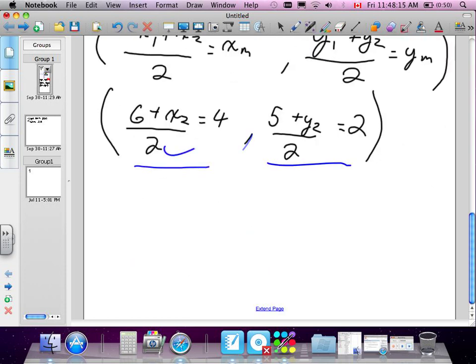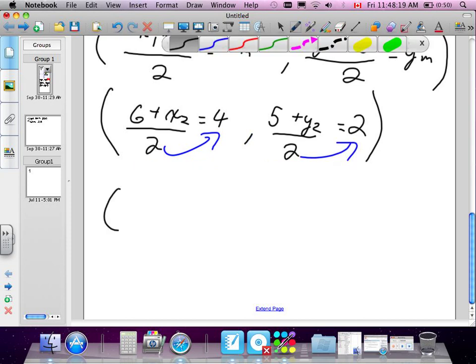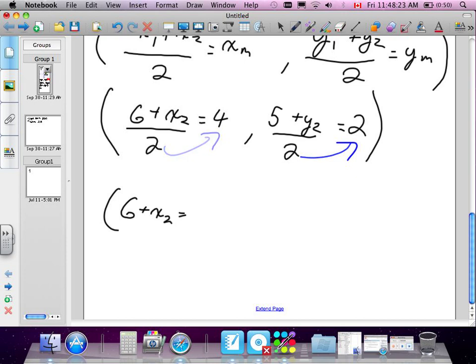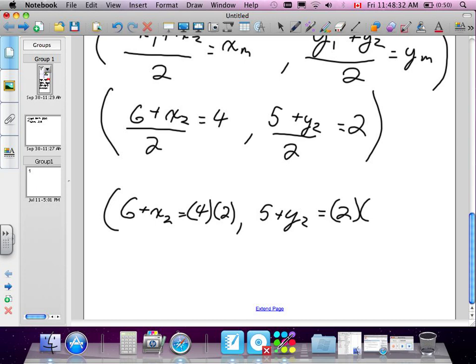So first off, I need to move the 2 to the other side in both equations because we're trying to isolate the variable. We'll end up with 6 plus x2 is equal to 4 times 2, and 5 plus y2 is equal to 2 times 2. After that, we need to move the number 6 to the other side and the number 5 to the other side.